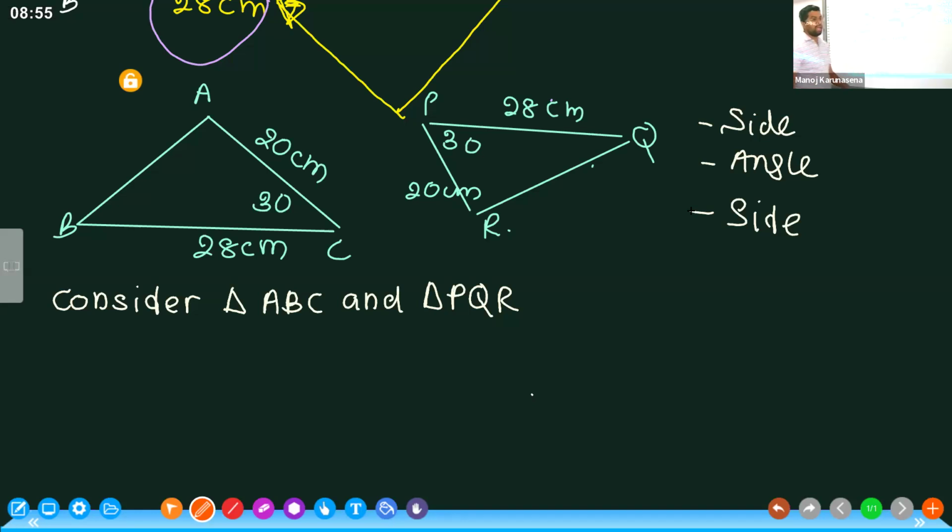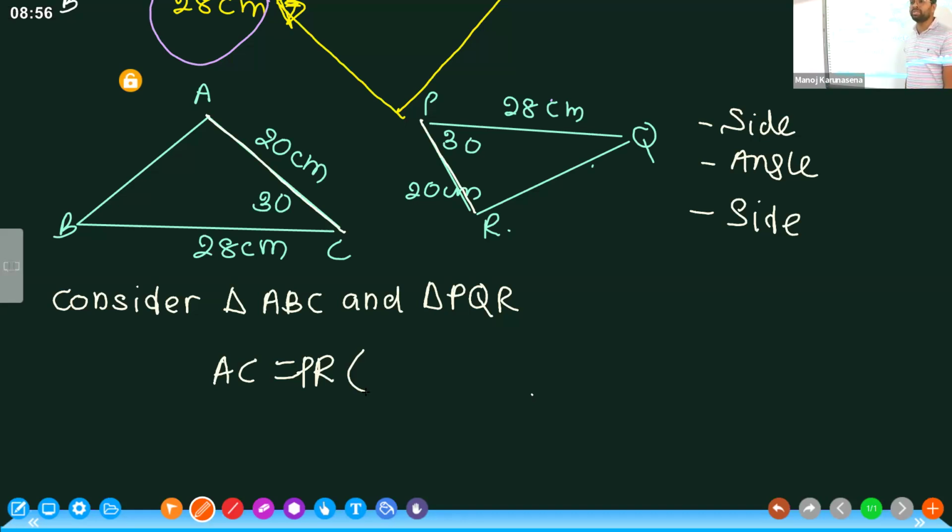Right. So let's write the properties of the ABC triangle on the left hand side, PQR triangle on the right hand side. So what is the first side which is equal? AC. AC side equals what side? PR. What is the reason for saying that AC equals PR?